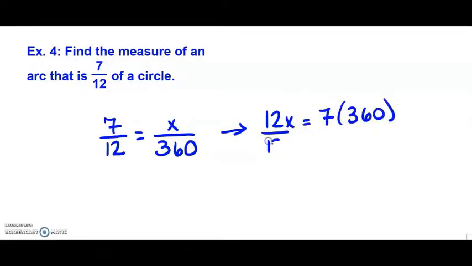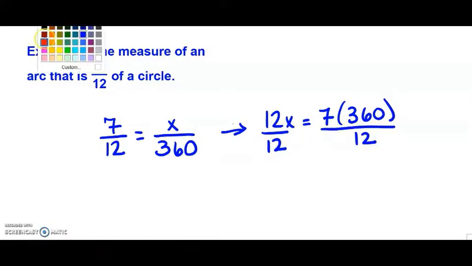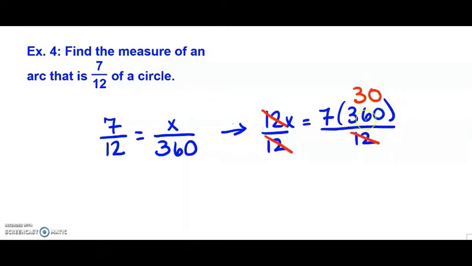And I don't have a calculator handy, so I'm not going to multiply that through. Instead, I'm going to reduce. 12 goes into 36 3 times, so it goes into 360 30 times. That means that x is 7 times 30, or 210 degrees.